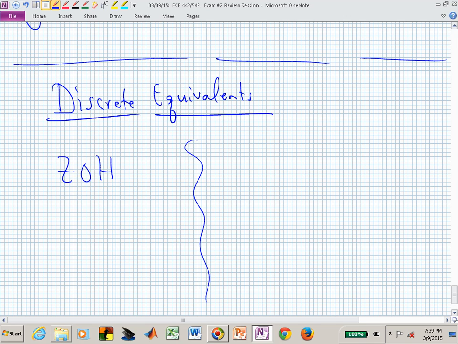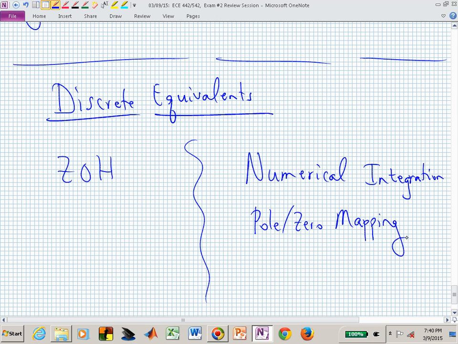Then we have 0 order hold discrete equivalence versus the other scenario where maybe we do not have a system preceded by a hold device. We might have a filter, we might have a controller. Then we are in the other case where we're dealing with numerical integration or pole zero mapping.